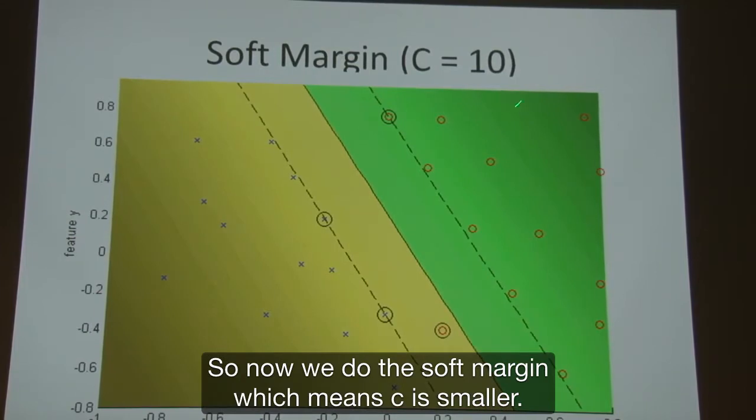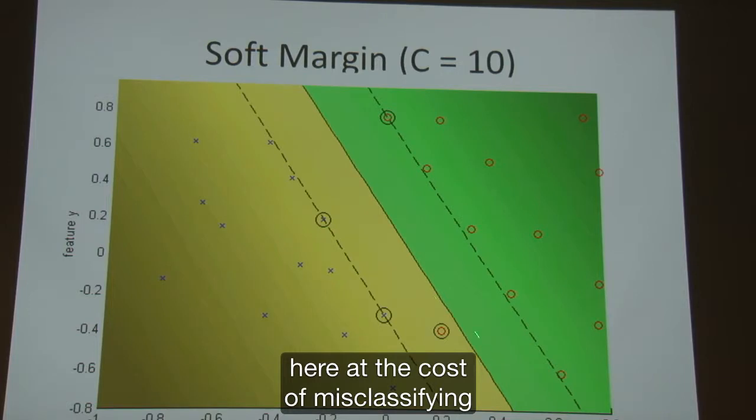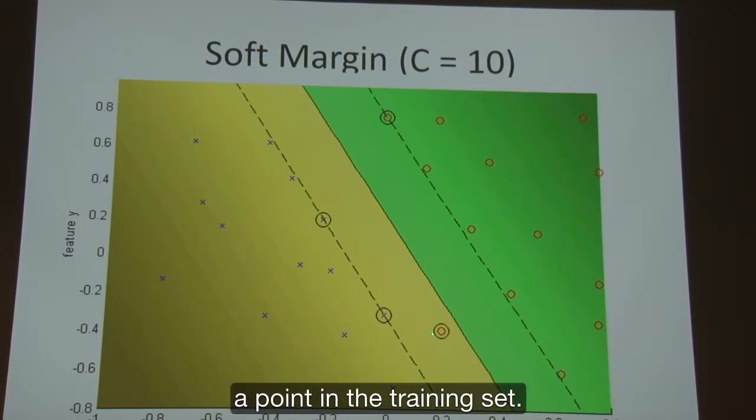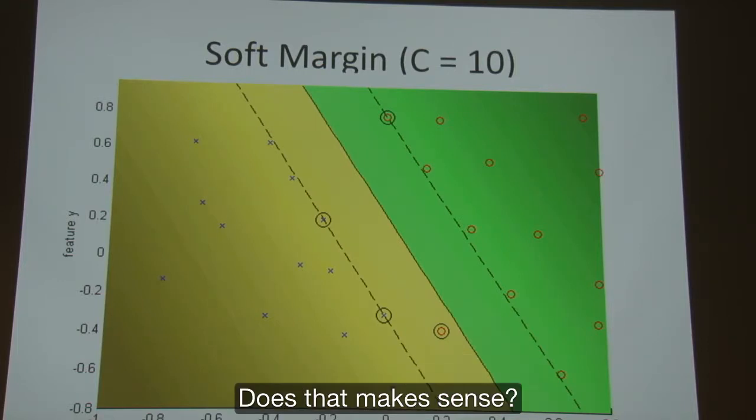So now we do the soft margin, which means C is smaller. So now it's actually finding a maybe more robust hyperplane here at the cost of misclassifying a point in the training set. And it can do that because it has the slack variables. Does that make sense?